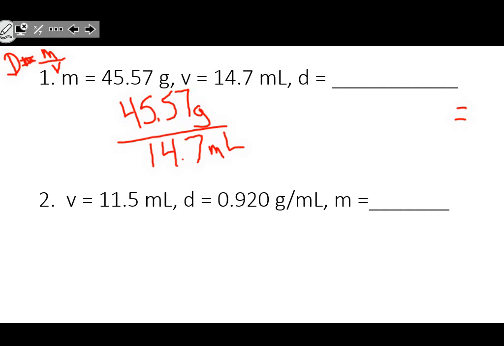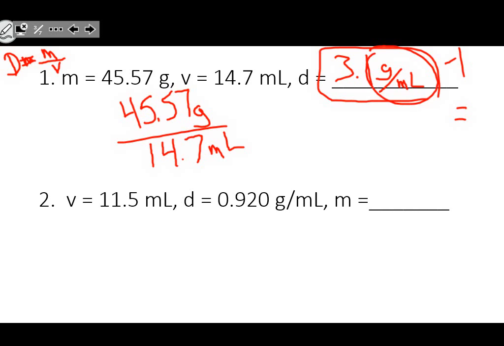All right, so 45.57 divided by 14.7 equals 3.1 grams per milliliter. Make sure you got your unit on there, guys. If you don't have your unit, it's always going to be wrong.